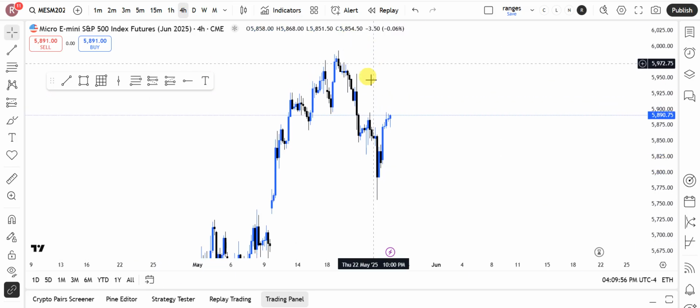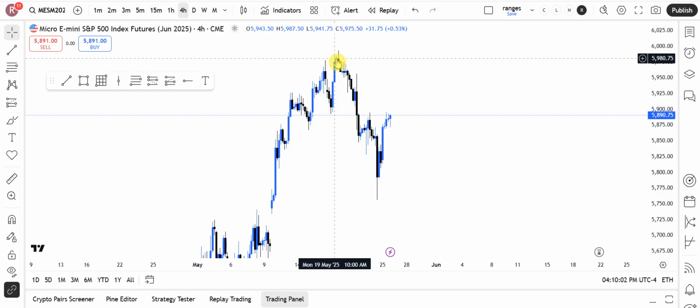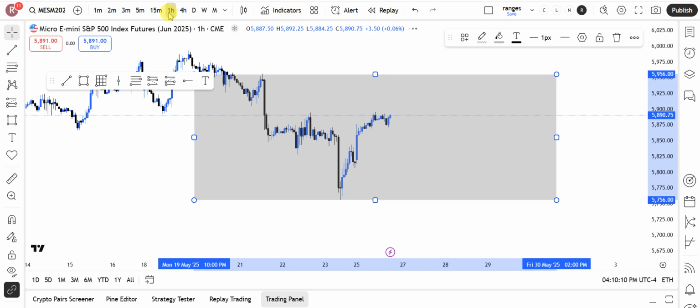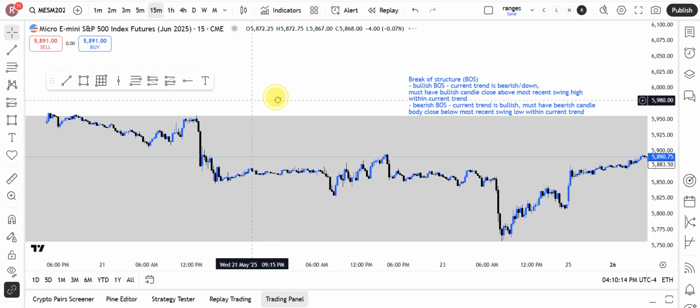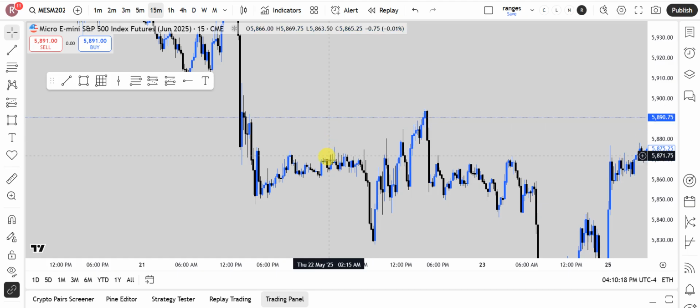On the 4-hour, this is pretty bearish from here to here. That's pretty bearish, wouldn't you say? So if we go down, and let's just use from here to here, we go down to a 15-minute time frame, and we see a break of structure on the 15-minute time frame.